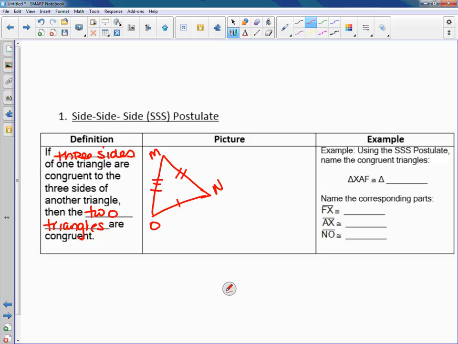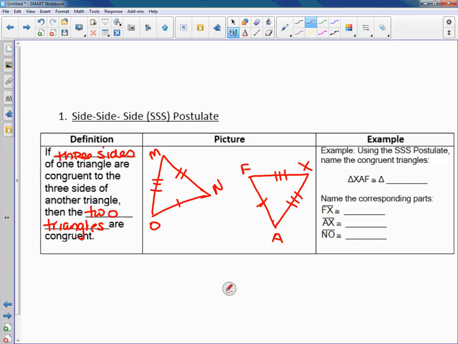And then we have two triangles, FXA. So triangle XAF is congruent to triangle what?